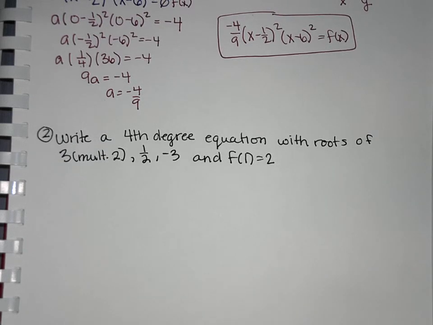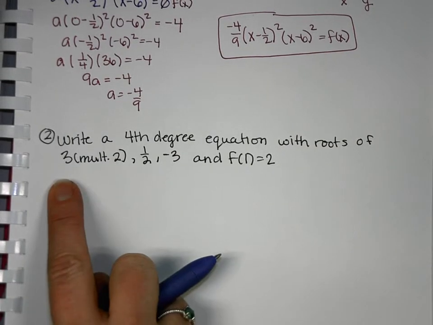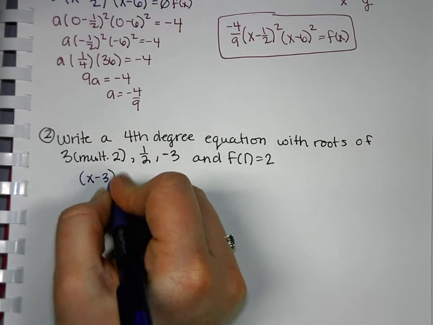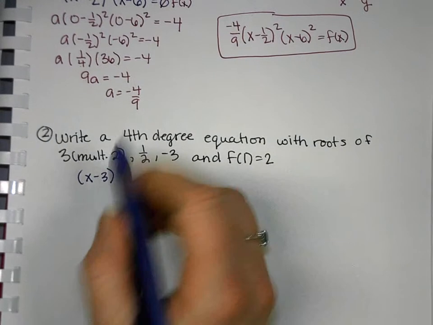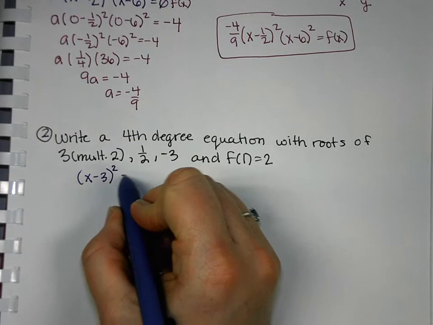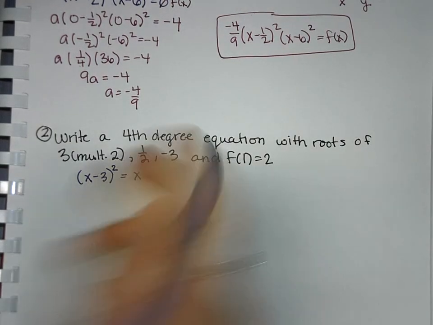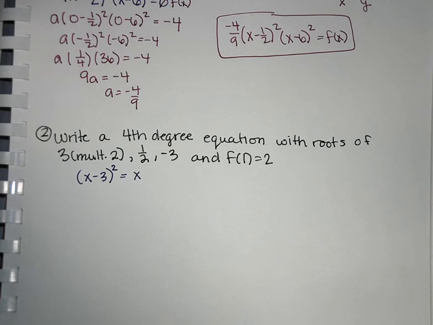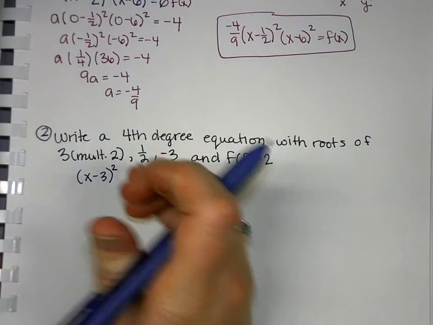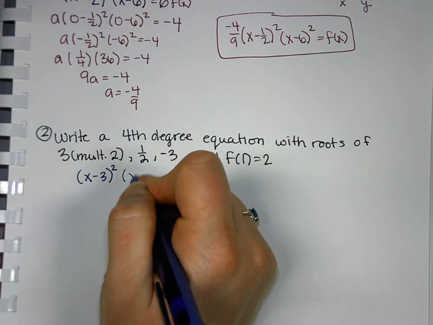So again, I'm going to start by looking at how we did it before. I know that if I have 3 as a root, then that means I had x minus 3 in parentheses. The multiplicity of 2 tells me that's going to come out twice, so I'm going to have it squared. 1/2 means I'll have x minus 1/2.